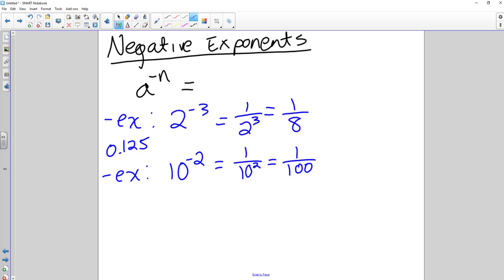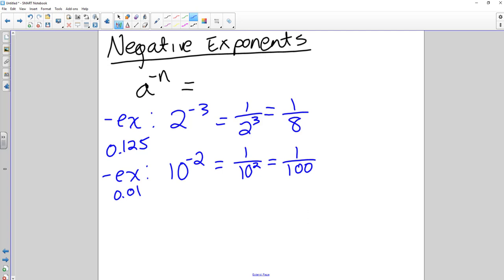And if you punch 10 to the negative 2 power in your calculator, you are going to get 0.01. So the bigger the base and the bigger the digit on the exponent, the closer to 0 the number is, a smaller number. Like this one, it was 1 over 100, so this becomes a pretty small decimal.